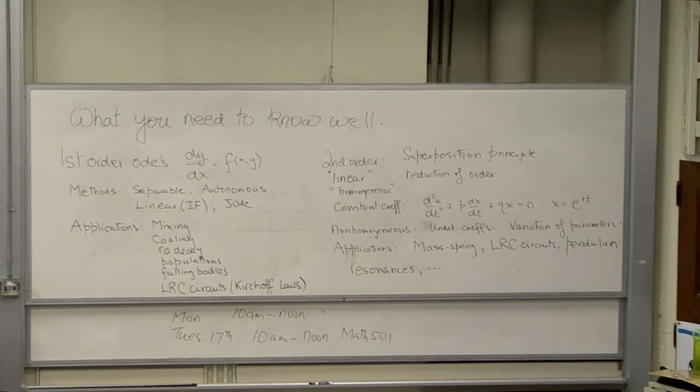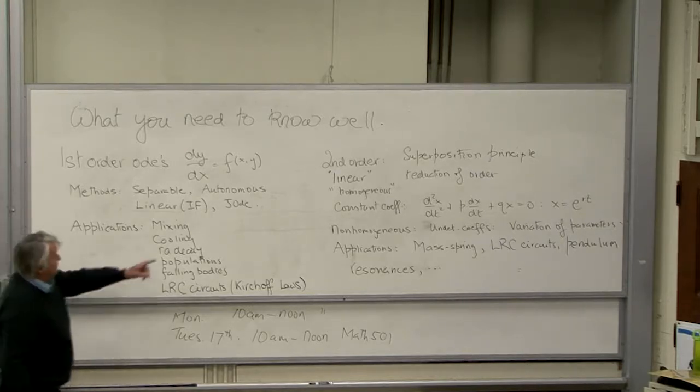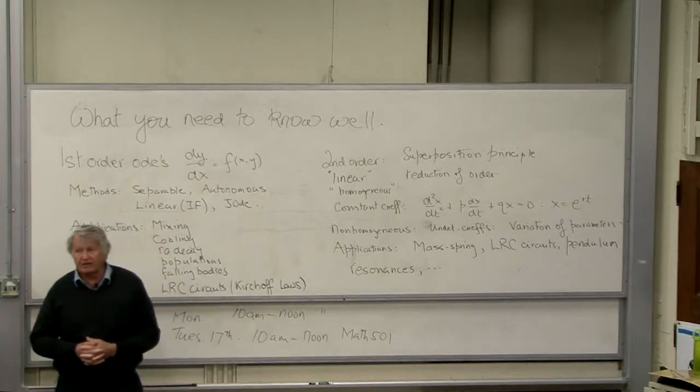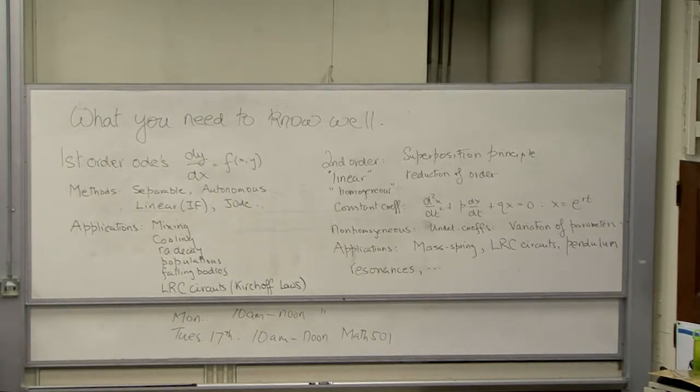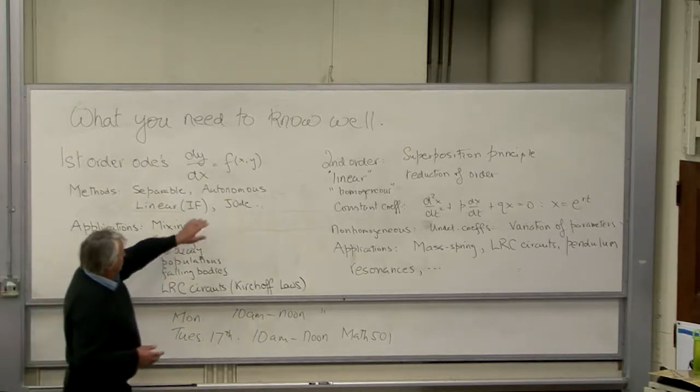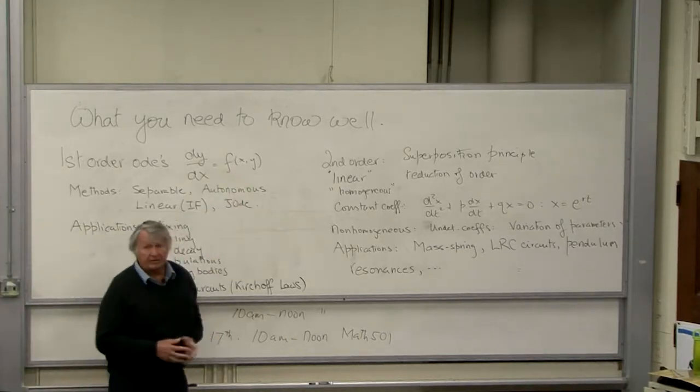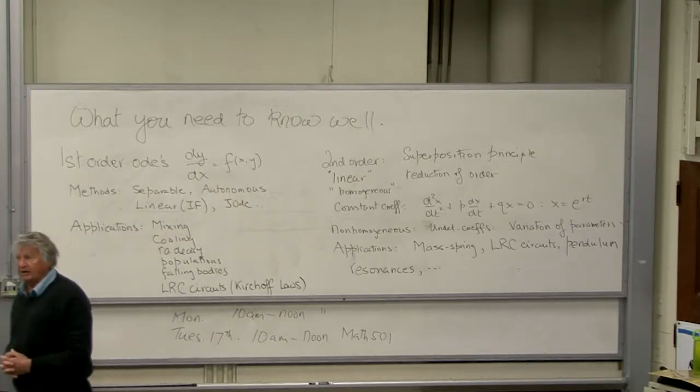Method 1 was if it's separable. In other words, if this is just a product of a function of x times a function of y, then you can essentially separate the y's from the x's and then integrate. So you separate and integrate. Method 2 was also separable, but it was autonomous. In other words, the independent variable x didn't appear in the equation.